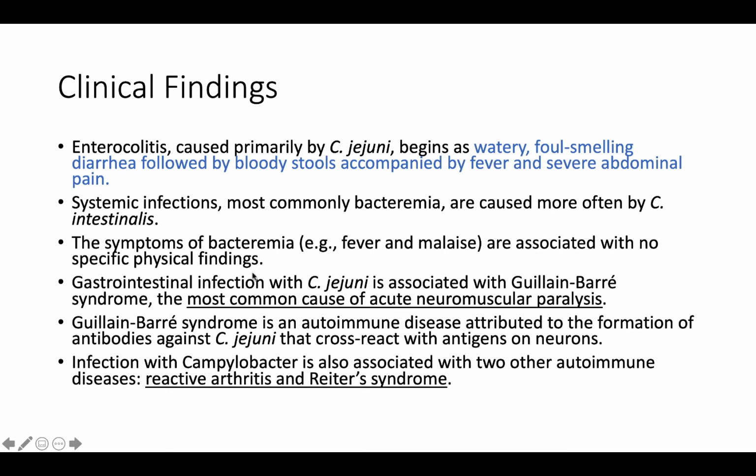As we said, the gastrointestinal infection is commonly associated with this condition. It's a syndrome, an autoimmune disease: antibodies formed against this bacteria can cross-react with neurons and cause demyelination of these neurons. It's also associated with two other autoimmune diseases, reactive arthritis and Reiter's syndrome.